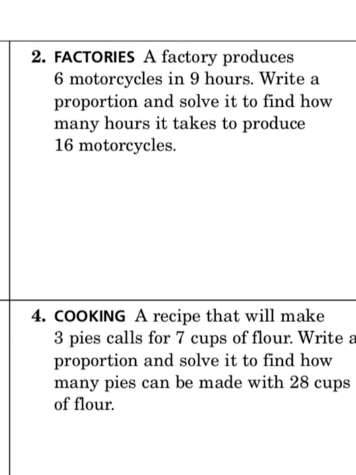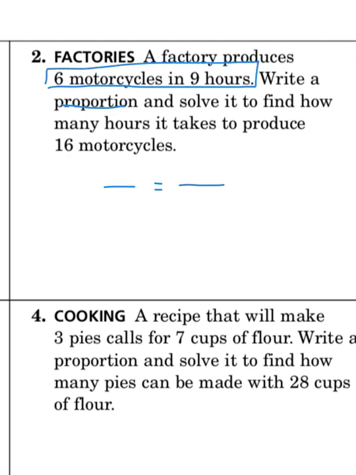Okay, we have factories. A factory produces 6 motorcycles in 9 hours. Write a proportion, and then solve it to find how many hours it would take to produce 16 motorcycles. Okay, so first I want to find a fraction with the numbers that go together. And right now I see 6 motorcycles in 9 hours.